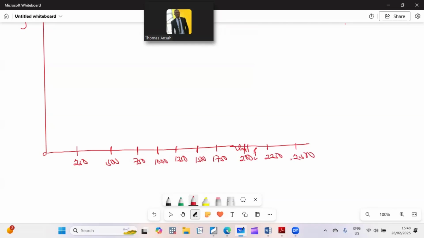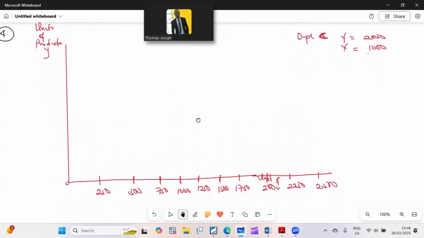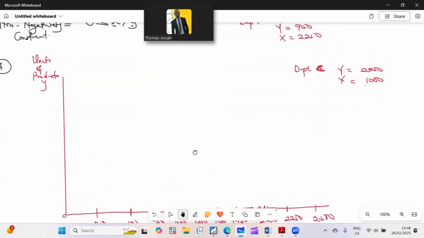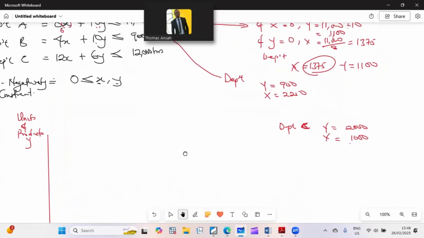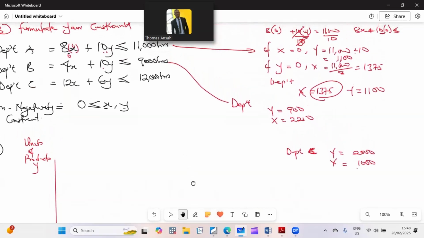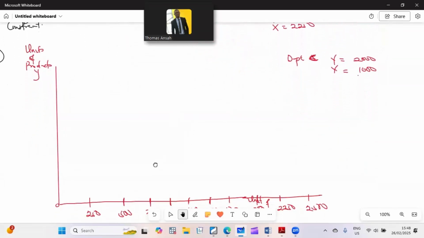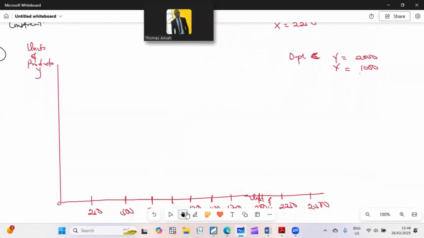I think this one is okay. Then on the Y-axis, I need to do the same. What is the highest on the Y-axis? I have 2,000 and 1,100. Okay.